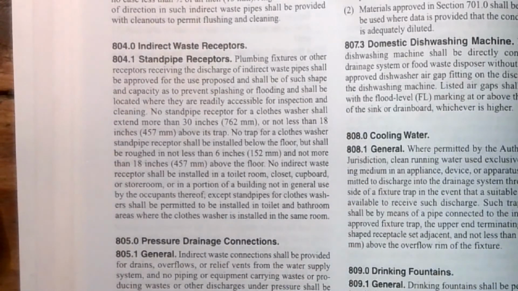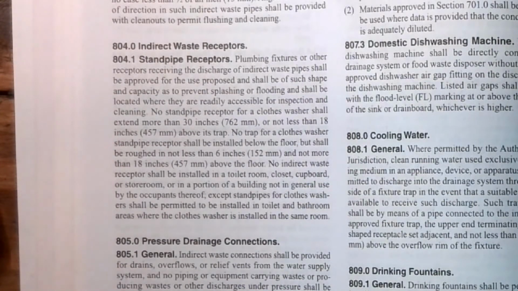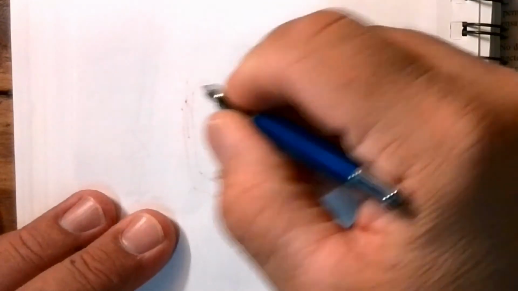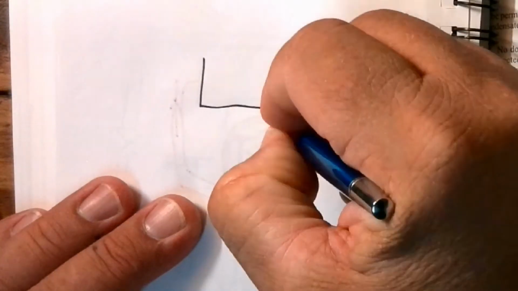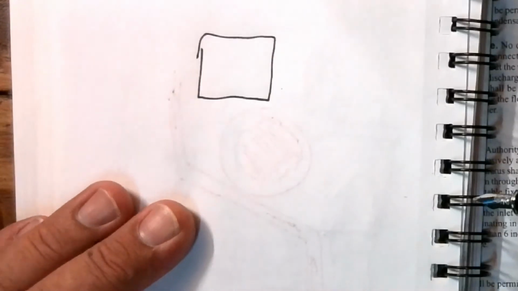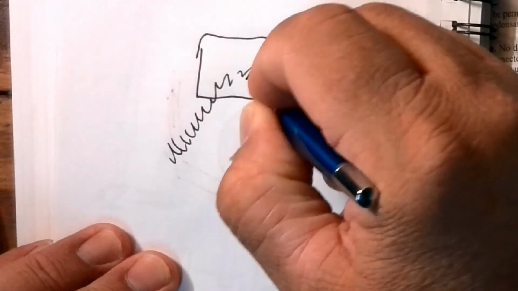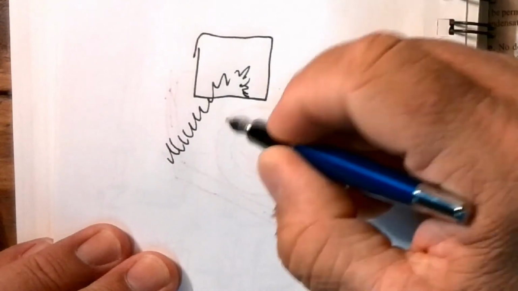So here we have a set of rules for your clothes washer. They're talking about the clothes washer receptor, the standpipe receptor, the box that sits inside the wall. So you have a box, clothes washer box, right? So here's your box. And then your hose goes up and in.